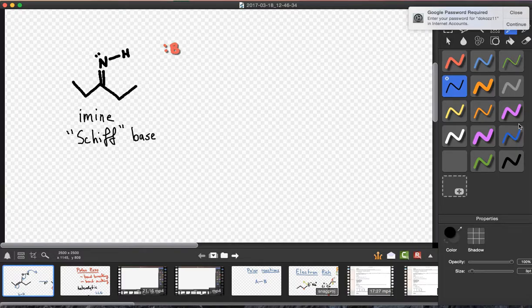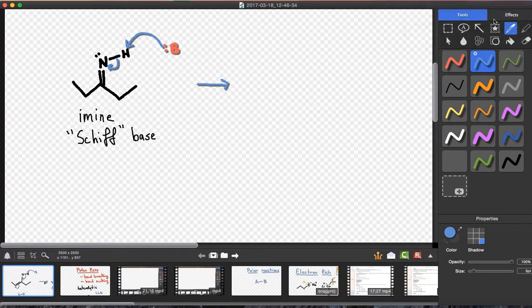So I'm going to show you what an enamine looks like through this mechanism. So I'm just going to show the base catalyzed route. You could envision the acid catalyzed route based upon what we did before. So we're going to have a deprotonation step. Actually, I'm going to show this differently because that's a bit confusing.